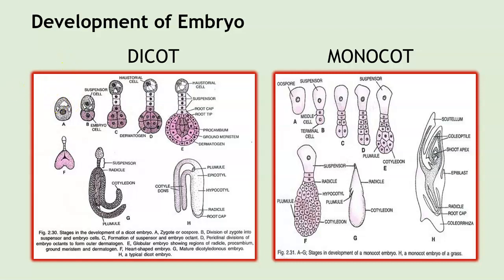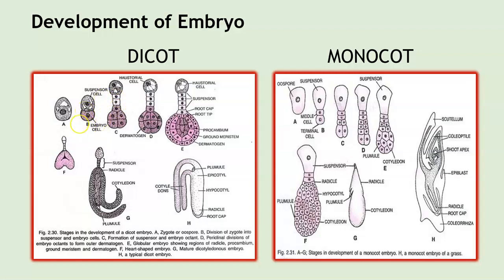So this is the zygote, your A. Then it divides to give you the two-cell proembryo. The larger cell, the upper cell towards the micropylar end, is called the suspensor initial cell, and the smaller cell towards the chalazal end or the terminal is called the embryonal initial cell.